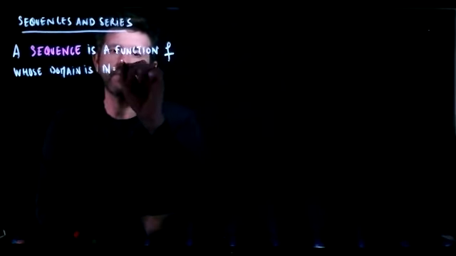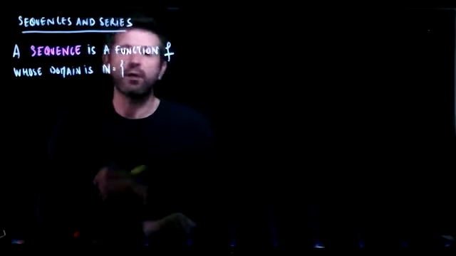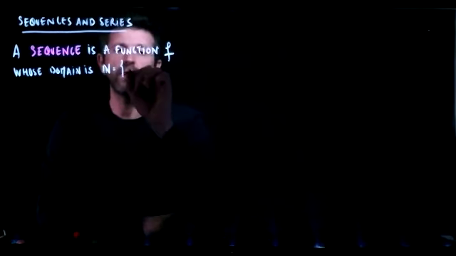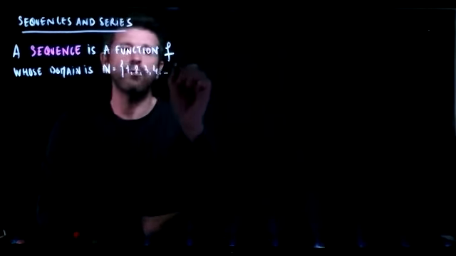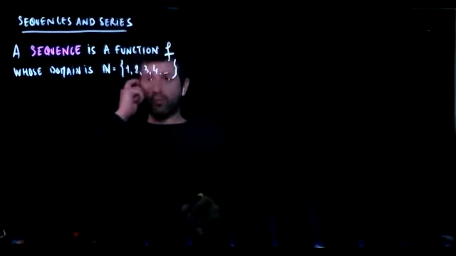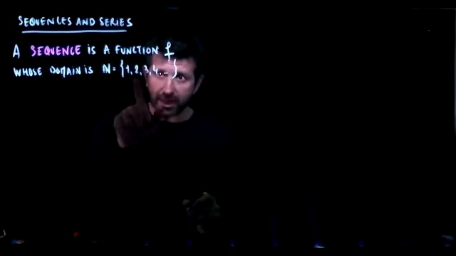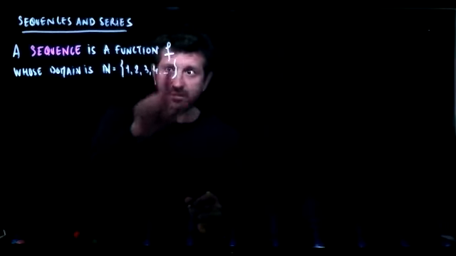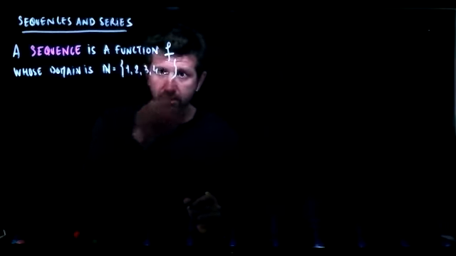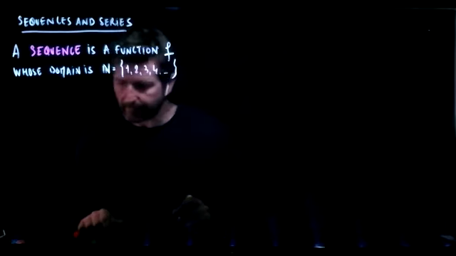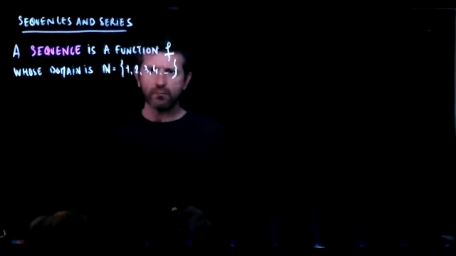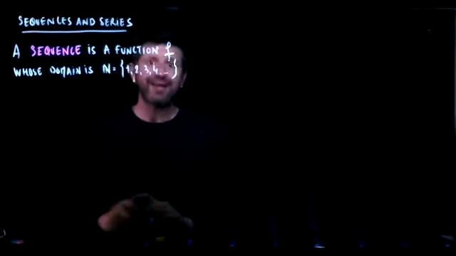So what's N? Some include the zero, some don't. So let's go 1, 2, 3, 4, all the way. So the domain is N, which means that F takes its values from only positive integers. Okay, that's what a sequence is.